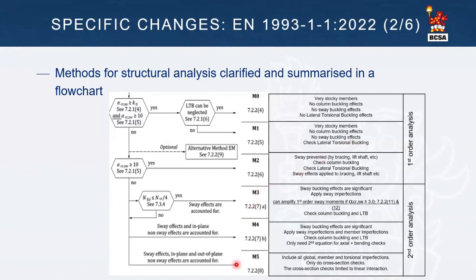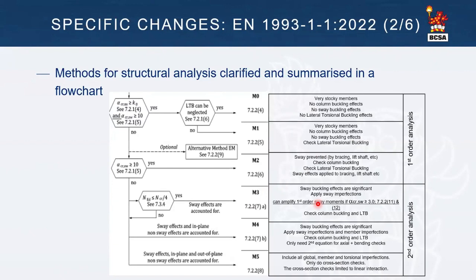The last set of methods, M3 to M5, should be done by second order analysis. In method M3, you can see here in the comment box that the second order analysis is sufficiently accurate even if it's amplified first order sway moments added to the first order analysis.